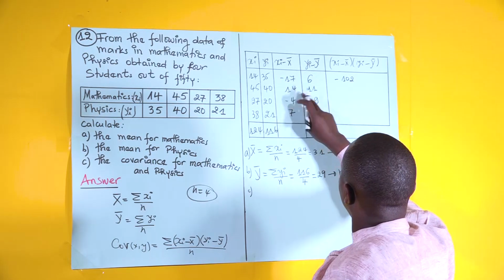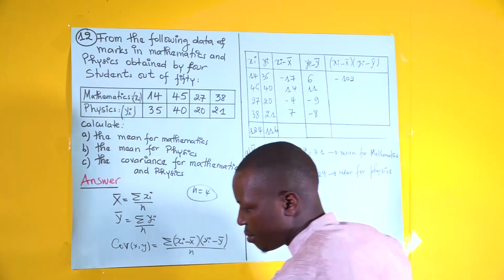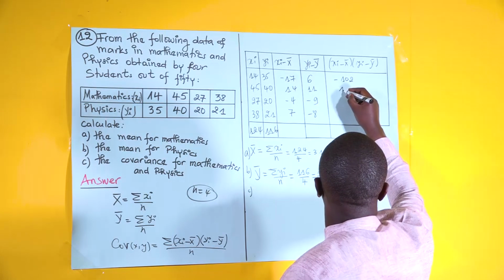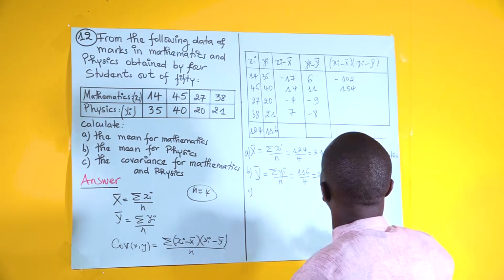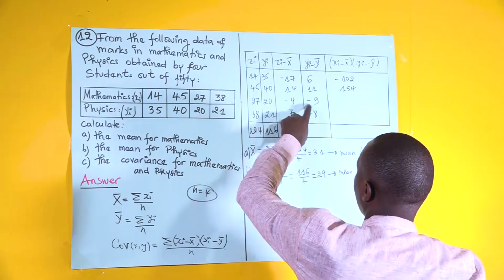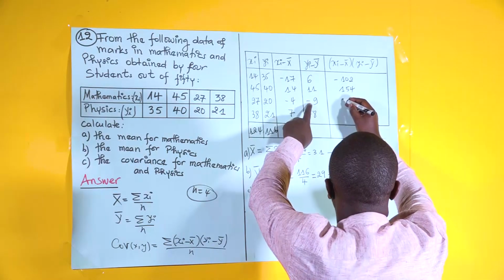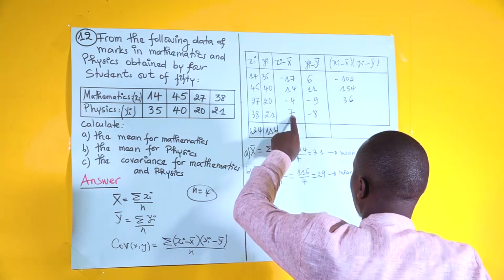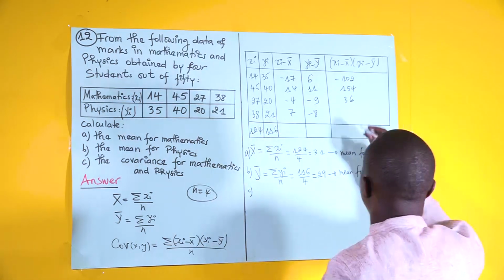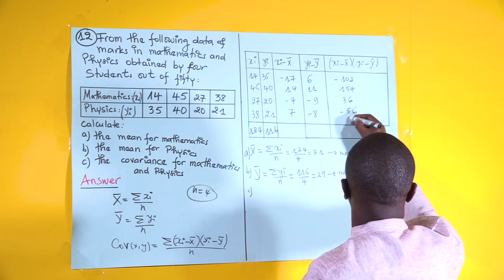When you take 14 times 11, the answer is 154. Negative 4 times negative 9 is 36. And 7 times negative 8 is negative 56.